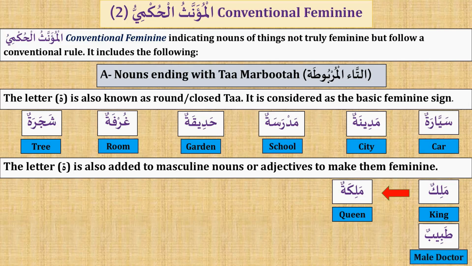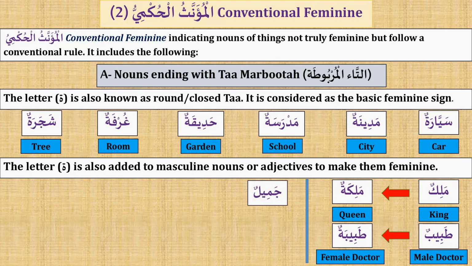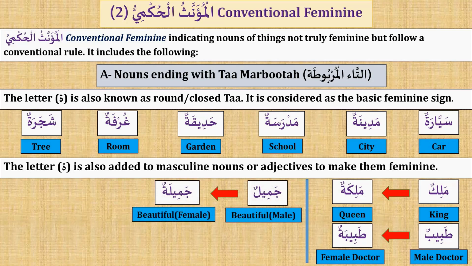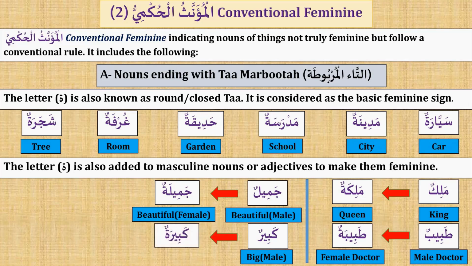Tabibun, male doctor, and feminine of it is tabibatun, female doctor. And adjectives: jamilun, beautiful for male, and jamilatun, beautiful for female. Kabirun, big for male, and kabiratun, big for female.